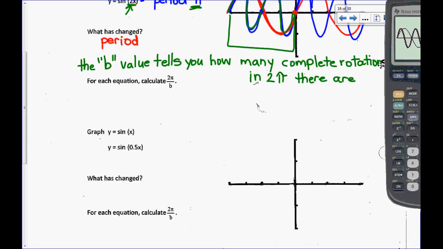Or another way you could say that is, instead of complete rotations, how many periods in 2 pi there are. Okay?